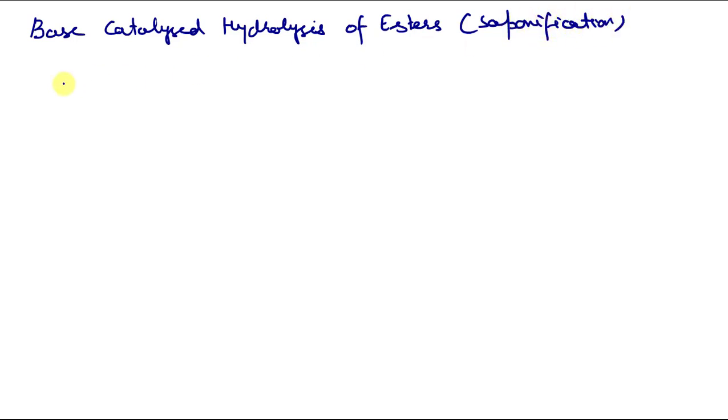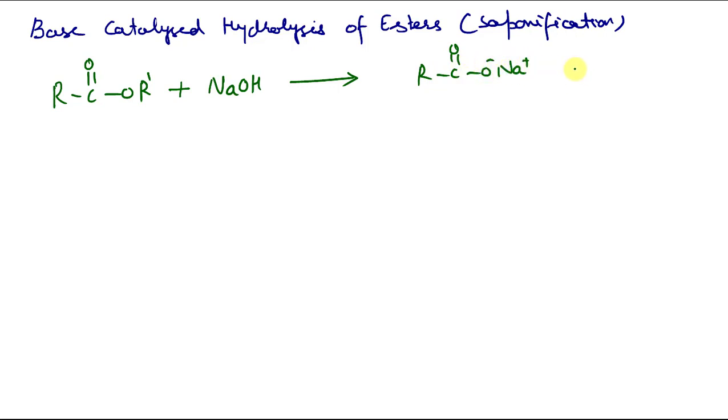So what happens here, we have a carboxylic acid derivative, RCOOR', an ester. If we add some alkali, NaOH, in this base catalyzed reaction, we get the sodium salt of the carboxylic acid, sodium carboxylate, plus R'OH. And this reaction is not a reversible reaction, it is an irreversible reaction.